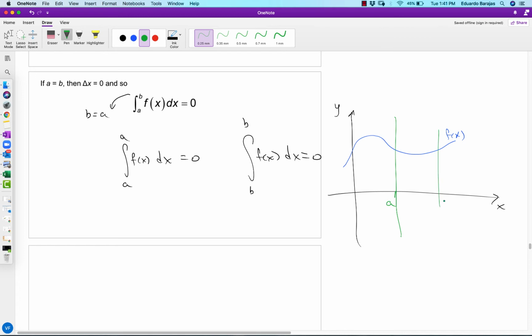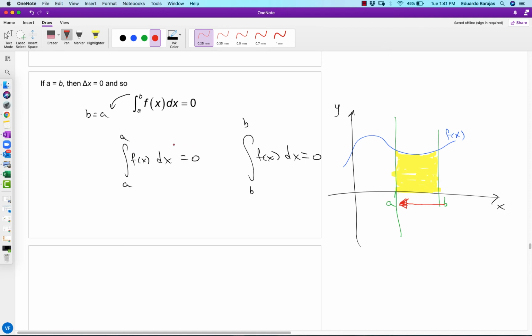Normally, we let b be over here, and then we would have our area be this area trapped in the middle. We do rectangles in there and find that area. But in the case where a equals b, this is going to get scooted all the way over here to be equal to a, and then we wouldn't have any area. We would have a string of width 0.